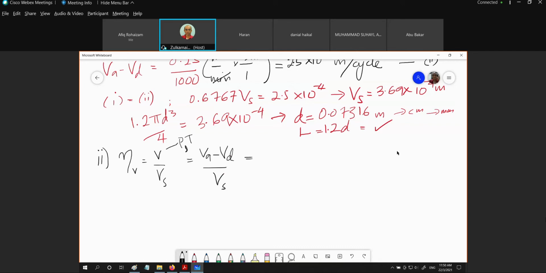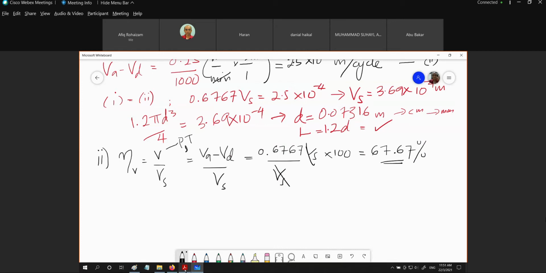This is 0.767 divided by Vs, multiplied by 100. Then we get the volumetric efficiency as 67.67%. Let's check the answer. Yeah, 67.7%.